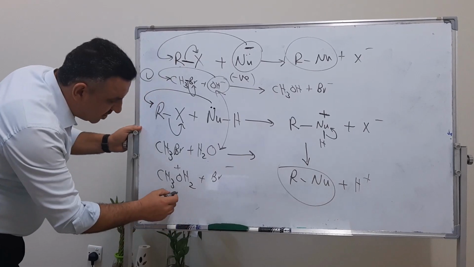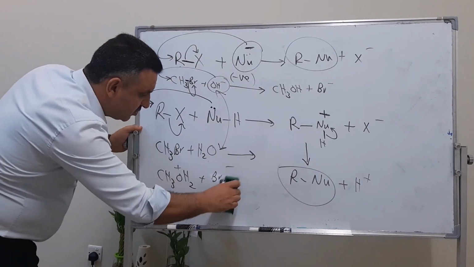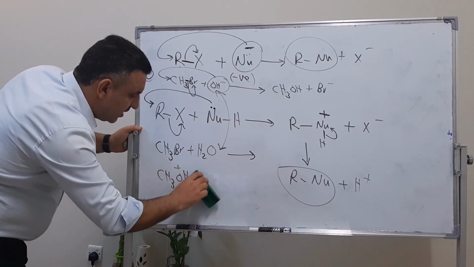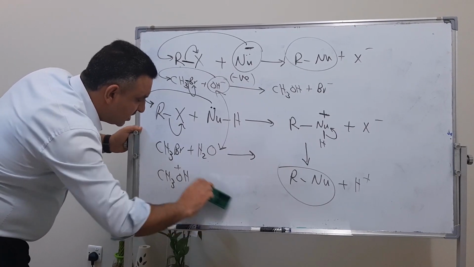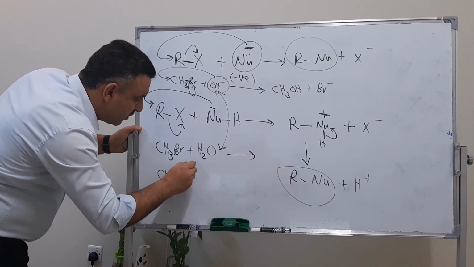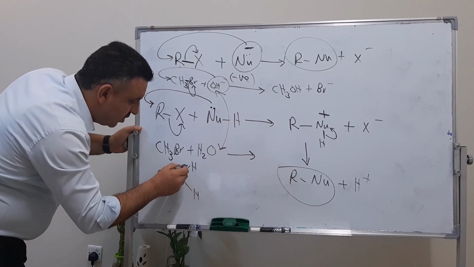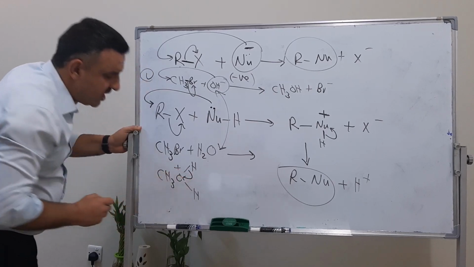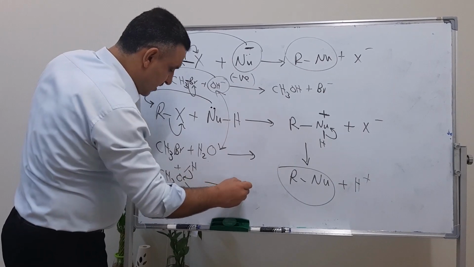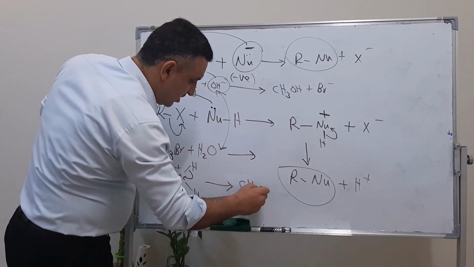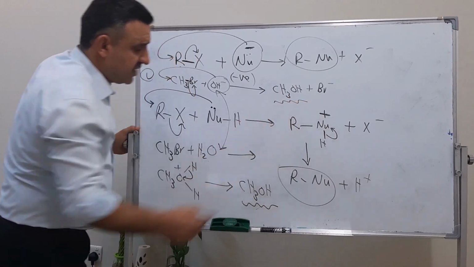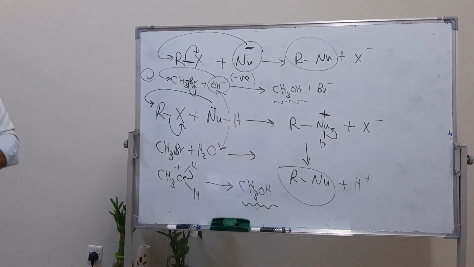And then later on, one of the hydrogens which was attached to the oxygen will be lost, and the bonding pair will be given to the oxygen, and finally we are going to get CH3OH.